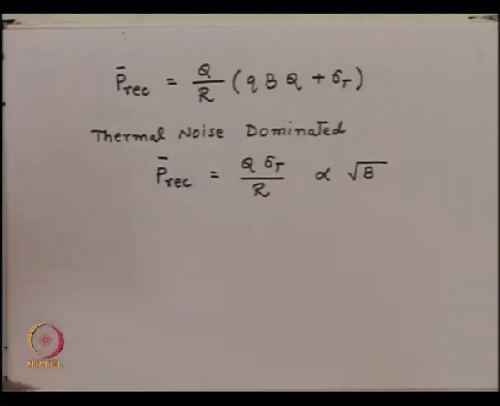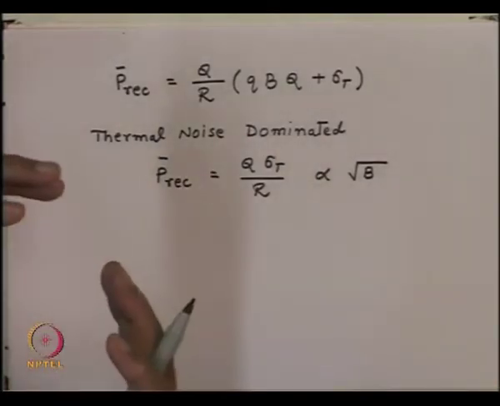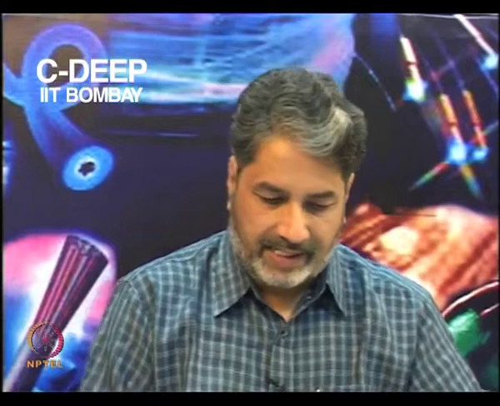Whereas, if you go to the other extreme, where the receiver is reasonably close to the transmitter, and in that case there is no significant attenuation of the optical signal in the optical fiber, then the power which is detected by the optical receiver is relatively large, and in that case we may get the shot noise, which may not be negligible compared to the thermal noise, and in that case this regime will be applicable.